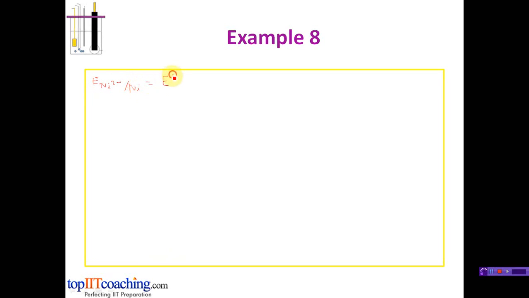The EMF of the other half cell, Ni2+/Ni, will be equal to E0 Ni2+/Ni minus 0.0591 divided by 2 log concentration of nickel divided by the concentration of nickel ions.